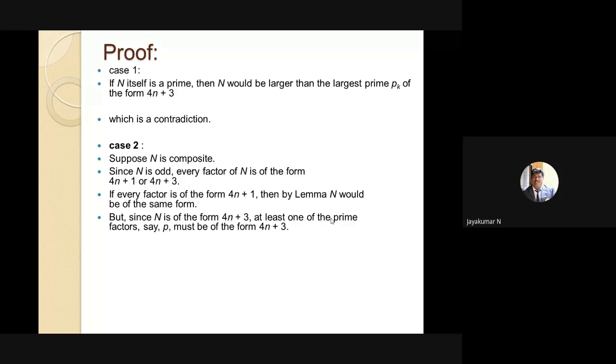Then only will n have the form 4n plus 3. That prime factor, I can say, is p. So now I conclude that n has two types of factors, 4n plus 1 as well as 4n plus 3. I consider one such prime of the form 4n plus 3, that is p.